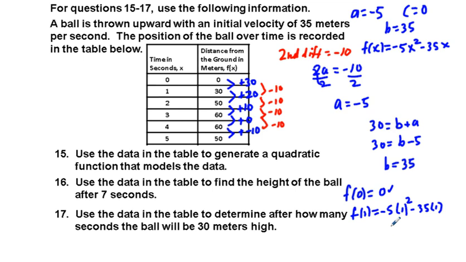So it's going to be negative 5 minus 35, which equals negative 40. Is that right? No, it's not right. We need 30. So we really should get plus 25 there, right?